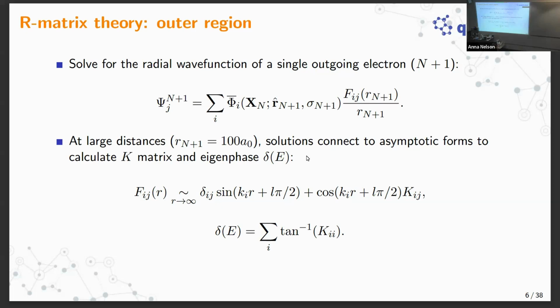Then at large distances, usually 100 atomic units, the solutions that you get in this region are connected to known forms. So they can be connected to forms like this, sines and cosines, or plane-wave type things, where the cosine term is multiplied by the K matrix. And from this K matrix, you can derive scattering parameters such as phase shifts, which give you interpretive information on a scattering process.